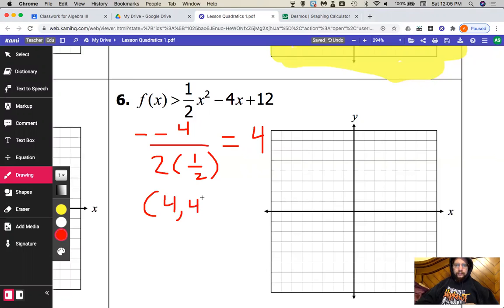Vertex. Plot it. 4 and 4. 1, 3, 5, but I have to divide those by 2, so that's going to be a half, 3 halves, and 5 halves. Right one, up a half. Right one more, 1 and a half. There's a nice point. And I don't have space for the next one.